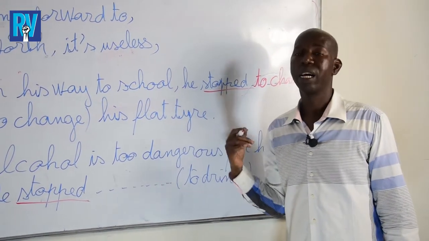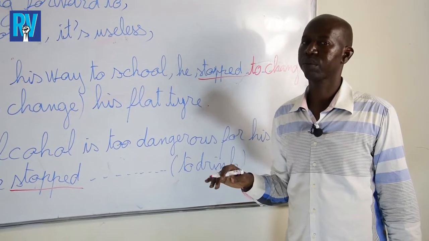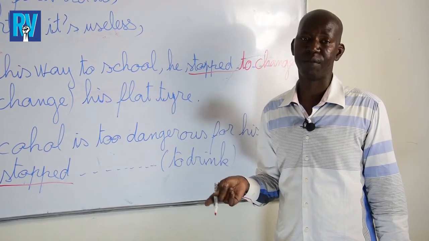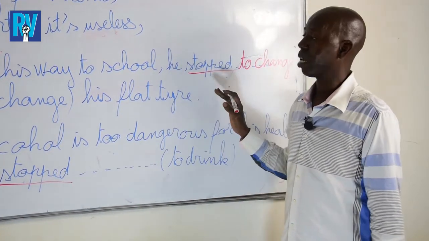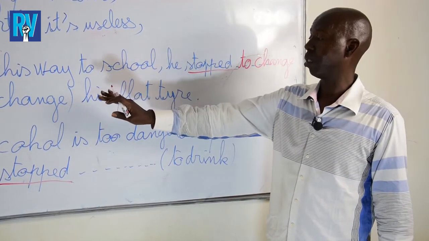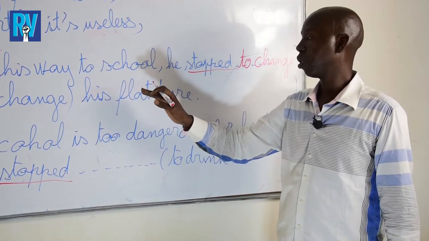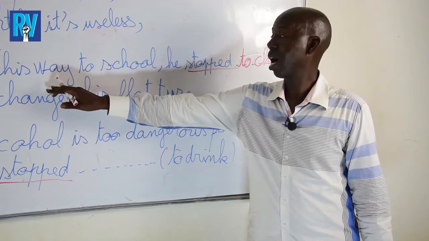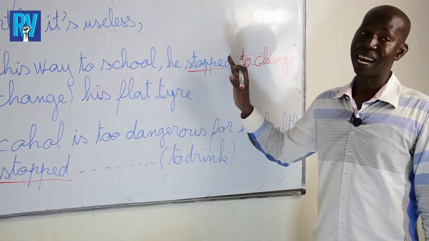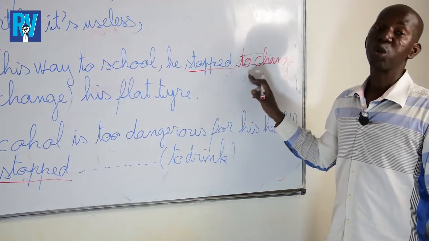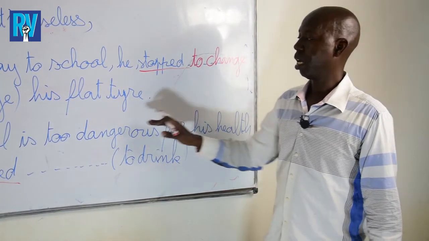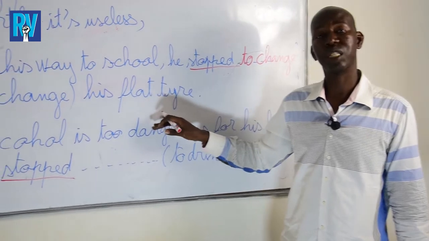Donc ce stop-là n'exprime pas une rupture. Quand stop exprime une rupture, le verbe qui suit prend la forme ing. Mais ici, ce n'est pas le cas. C'est un élève qui va à l'école, et en cours de route, il a eu sa roue qui est crevée. Donc, je dis, en allant à l'école, il s'est arrêté pour changer his flat tire, pour changer sa roue crevée.